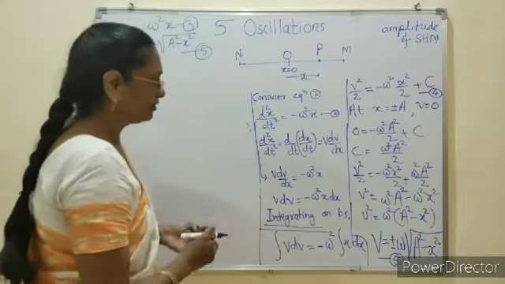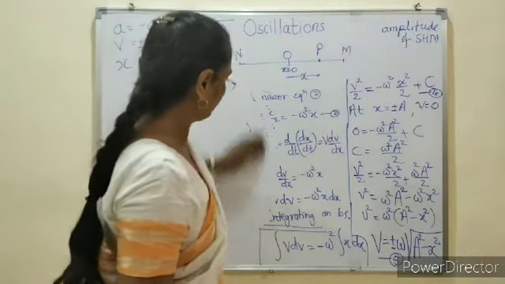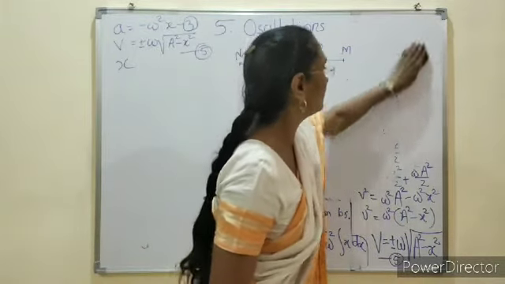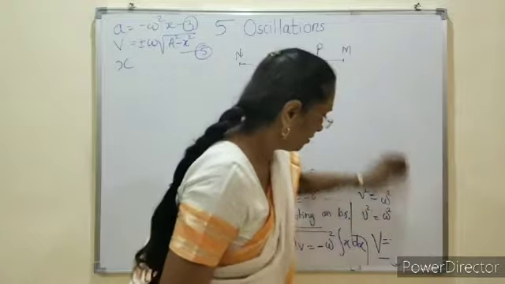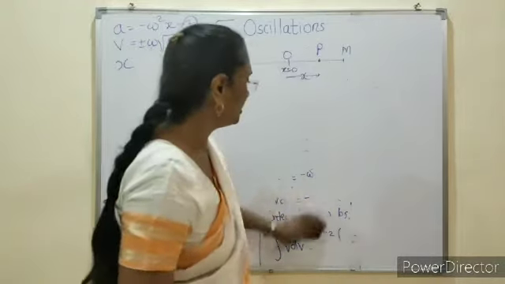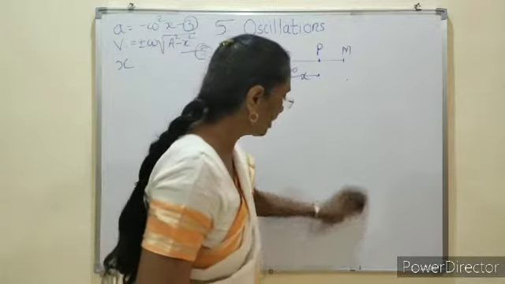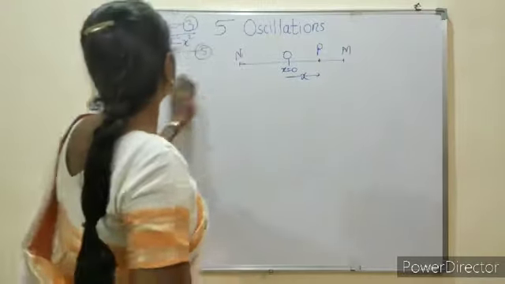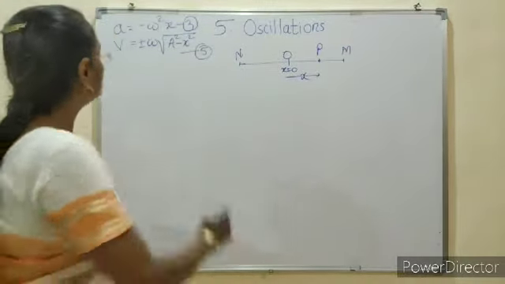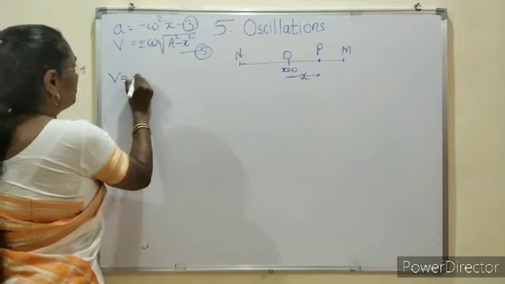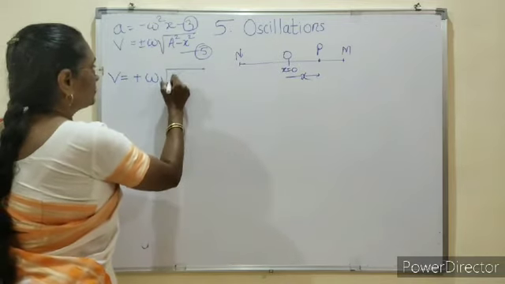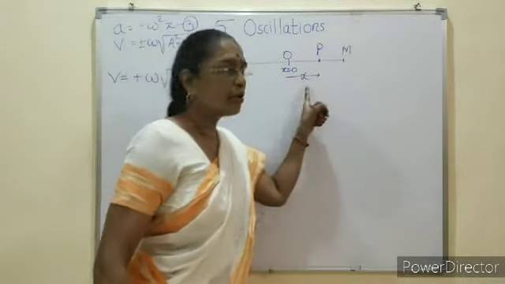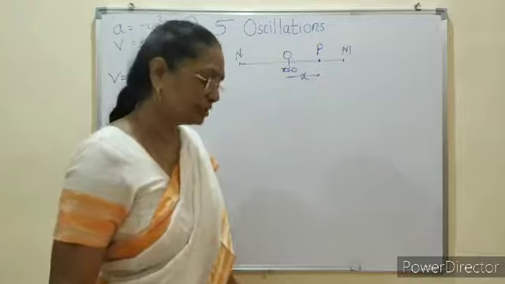We proceed for the calculation of displacement. For that we consider the expression for velocity we have just derived, equation number 5. In that we consider v is equal to plus omega under root a square minus x square, that is, the particle going from mean position to right extremity.